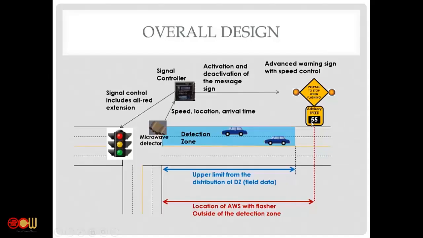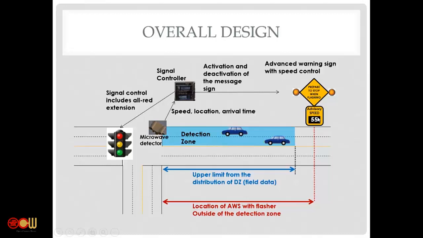So we will try to design a so-called speed harmonization control to advise drivers the proper speed and respond to the queue condition, to ensure most of them follow our advice and reach the intersection during the green phase without stopping.